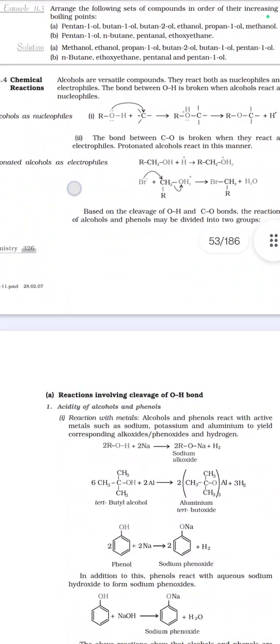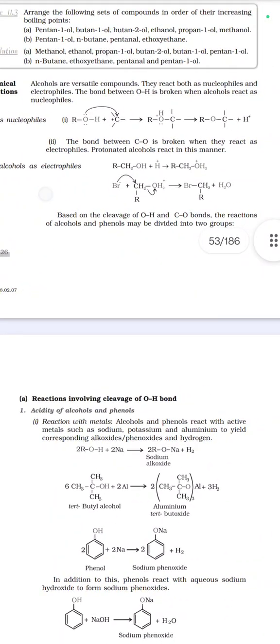11.4.4 Chemical reactions. Alcohols are versatile compounds. They react both as nucleophiles and electrophiles. The bond between O and H is broken when alcohol reacts as a nucleophile.